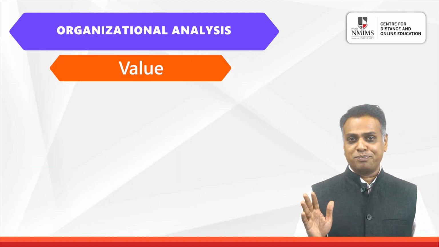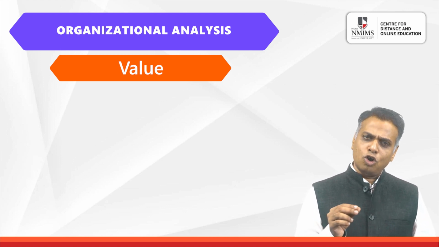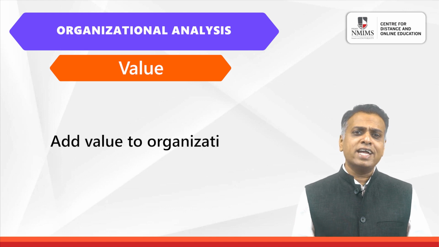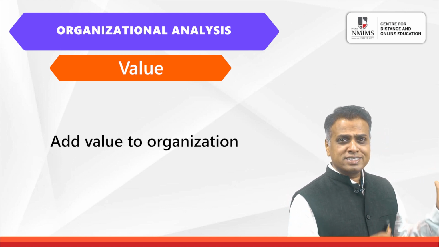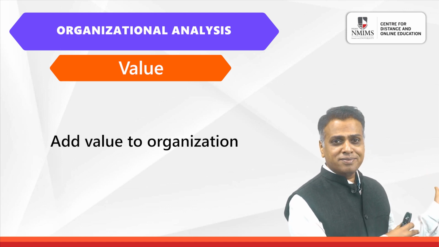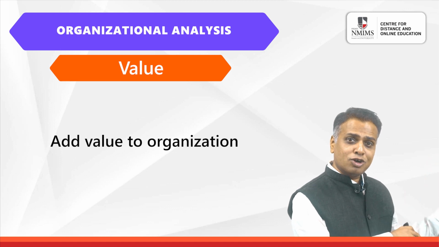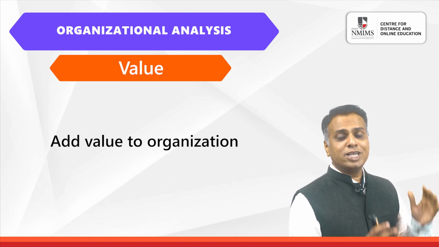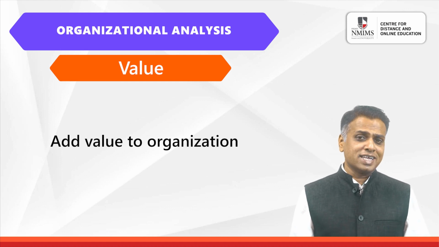First, V. V stands for value. Resources or capabilities should add value to your organization. So, if you have some resource, for example, a resource can be your money, the money lying in your bank or in some company's stock should give you some value. So, resources or capabilities should add value to your organization.